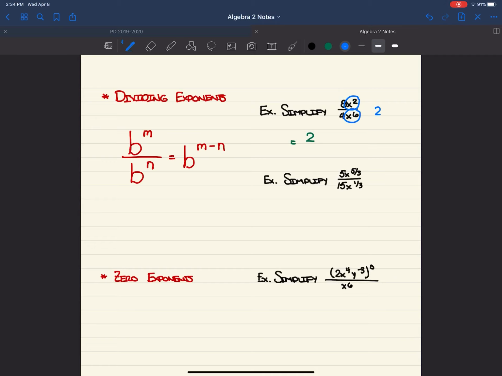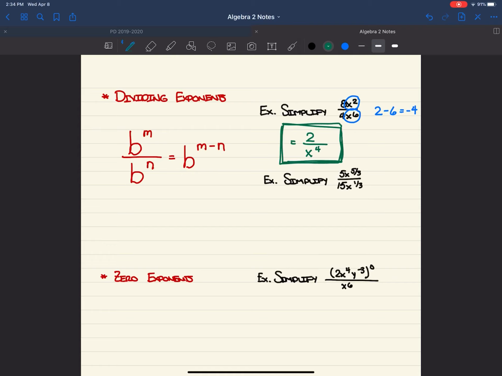Well, that's going to give me 2 minus 6, which equals negative 4. Because that is a negative number, that means I'm going to have x to the 4th in the denominator. So that is my final answer for that first example.